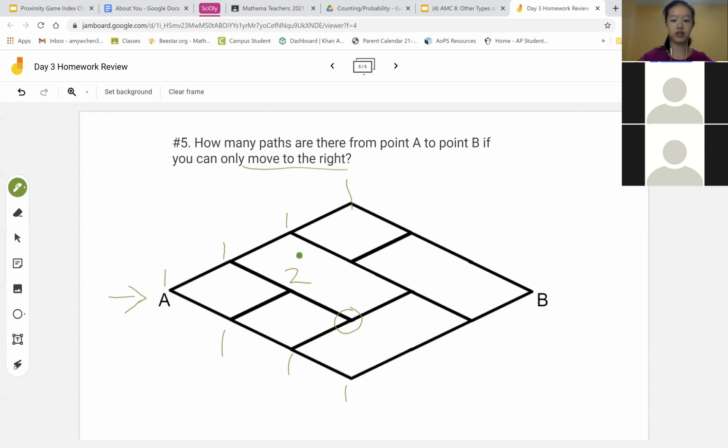So now this one, how many paths are there here to this vertex that I circled? Yeah, 3. Again, because you add up this one and this one. And what about this vertex?